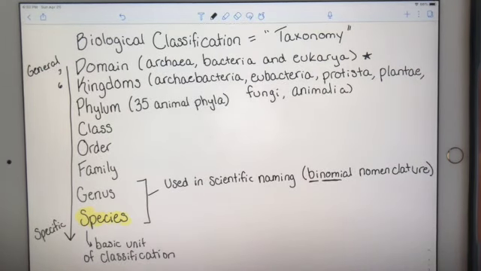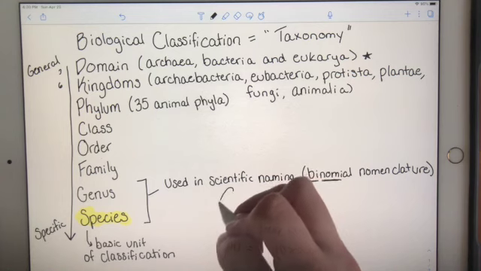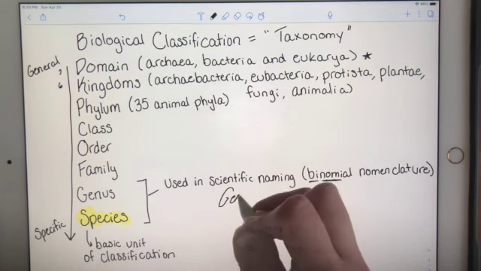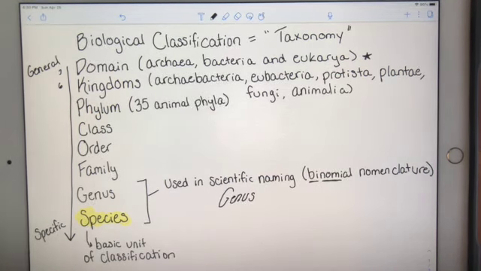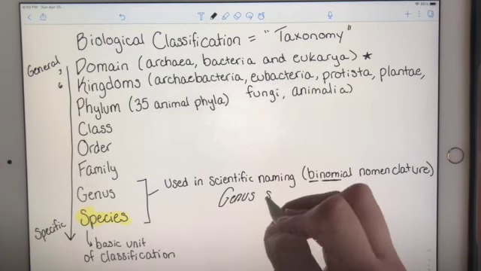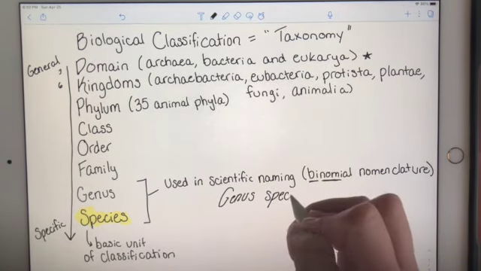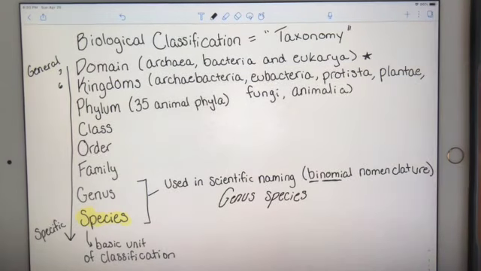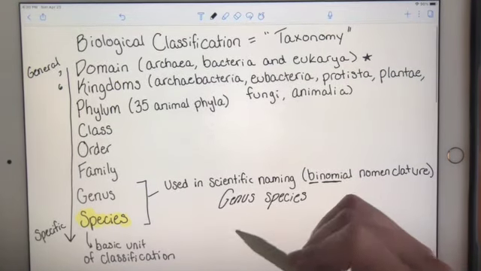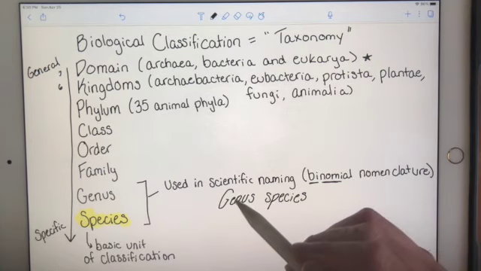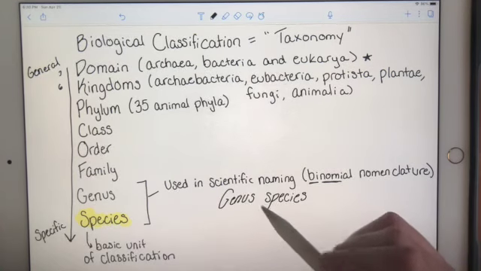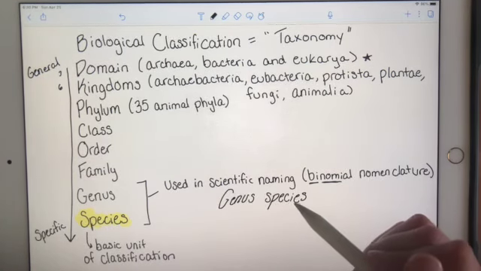And the way that this is formatted is that the whole thing's going to be in italics. You start with the genus and you capitalize it. I'm not good at writing in italics, I bet you guys are better. We have the genus, and then still in italics, you'll put the species name after that. So for scientific naming, it's all in italics, and you have capitalized genus, and then your species.